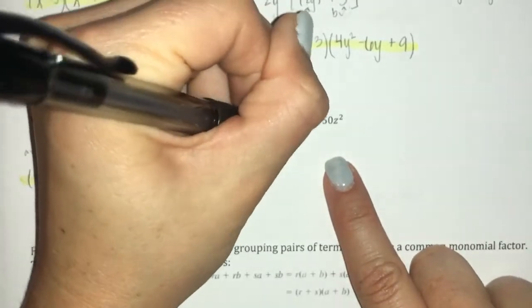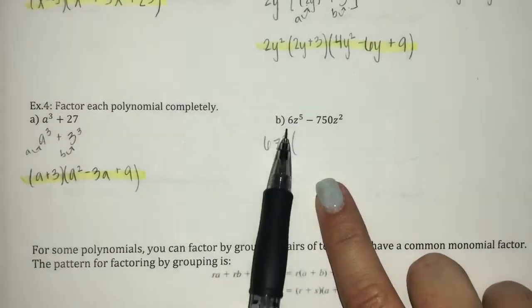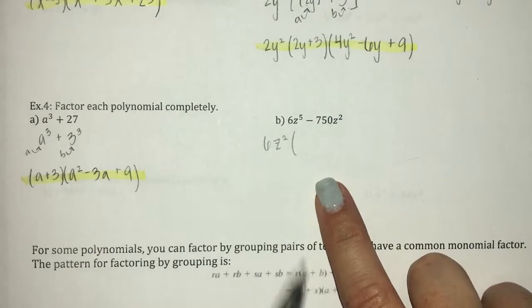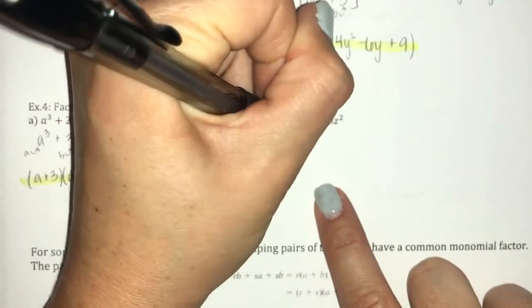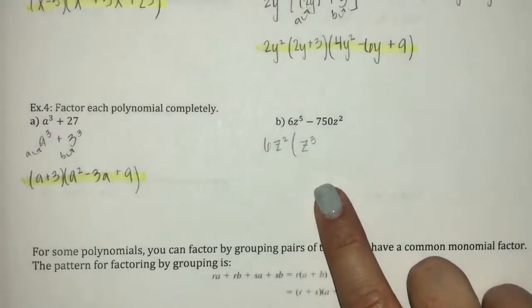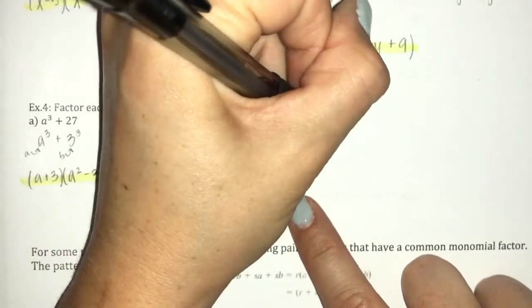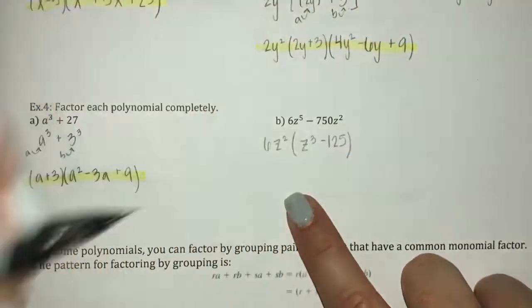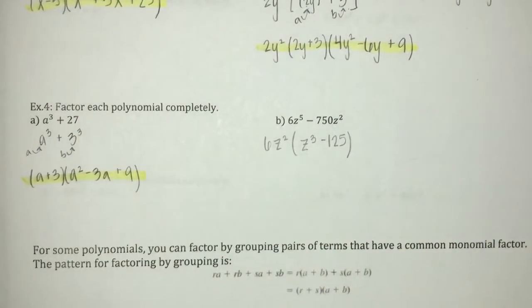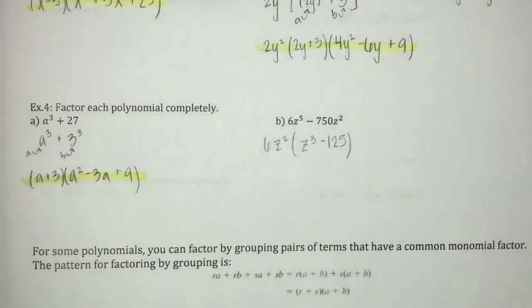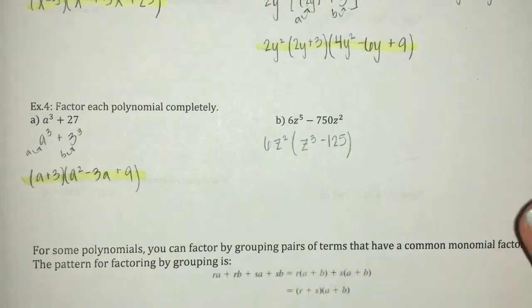So if I factor out a 6z squared, 6z to the 5th divided by 6z squared becomes z cubed. And then negative 750z squared divided by 6z squared is negative 125. Z cubed is obviously a cube, and 125 is also a cube because it's 5 cubed.